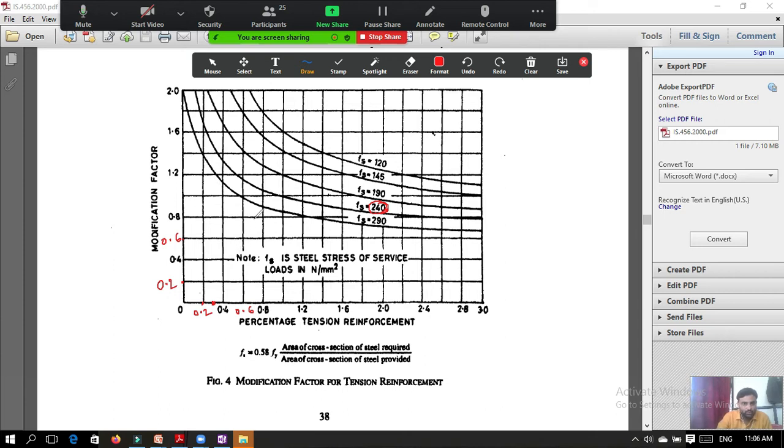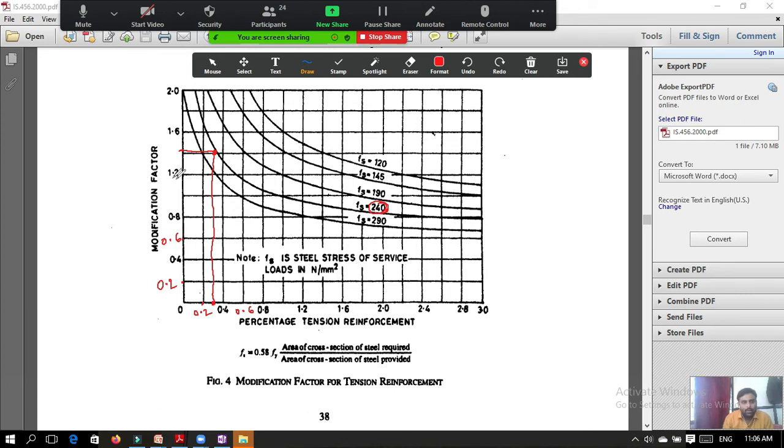So if you project, now the line will not be that much straight. So it will somewhere come over here. Here you can take at this point. Randomly we have to take this point. And if we see the value over this side, it will come somewhere here. So this value is somewhere above this line.